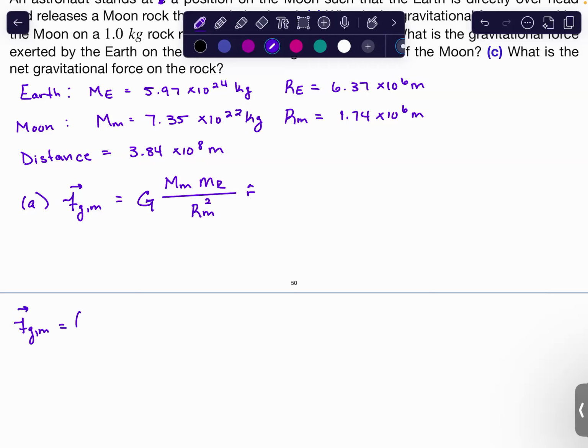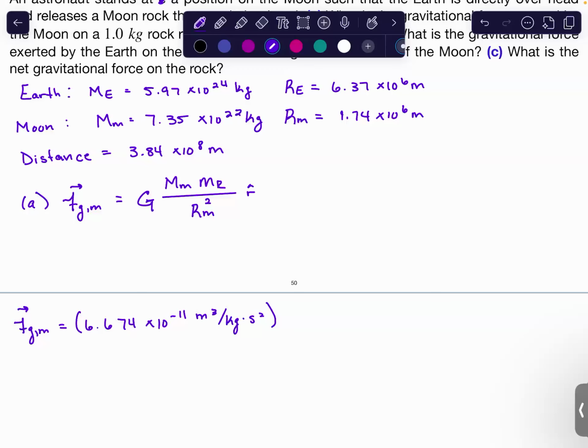Okay, so our gravitational constant, 6.674 times 10 to the negative 11th cubic meters per kilogram second squared.